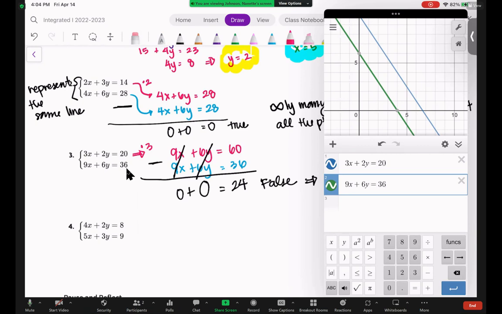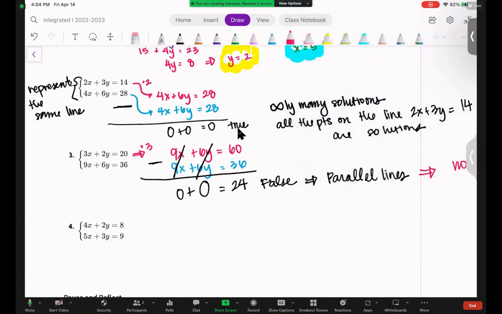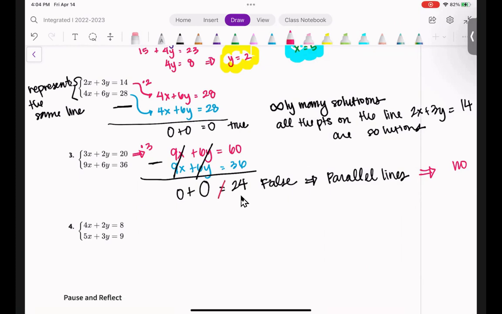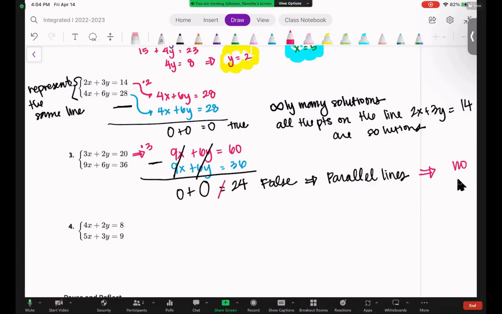I actually paid more for my purchase this time, which is not right. Okay. So graphically, it's parallel lines. So again, when I get a true statement, it means every point on the line is a solution. When I get a false statement like this, and I need to cross this out because that's not true, 0 doesn't equal 24, I get parallel lines, which means no solution.